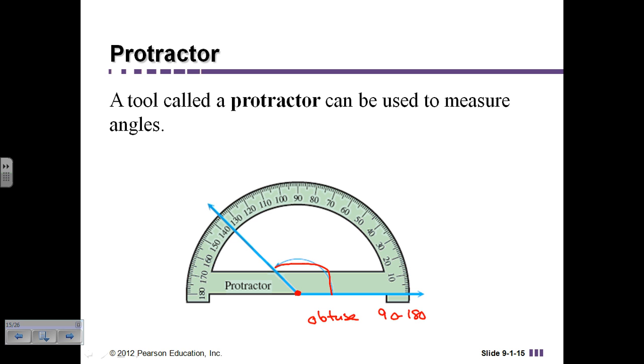So when we're looking at these measures over here, you have to look at your protractor, because many times you'll have two different numbers there. You'll have a small number on top and a larger number on the bottom, because you can hold your protractor either way. So this is going to be read between 130 and 140, so it's approximately 135 degrees.